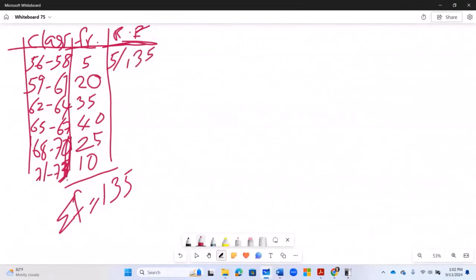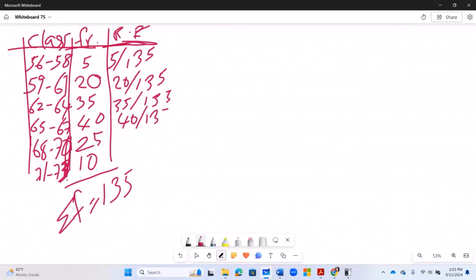The relative frequency for the second class is 20 divided by the total frequency. For the third, 35 divided by the total frequency. For the fourth class is 40 divided by total frequency.